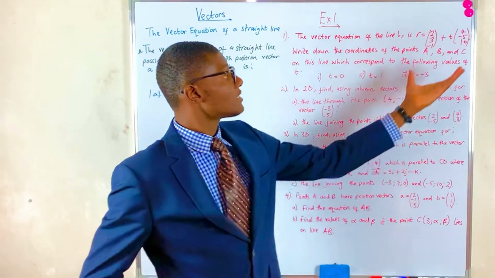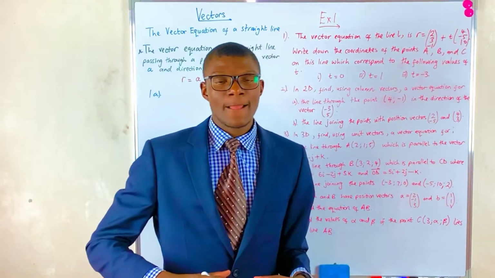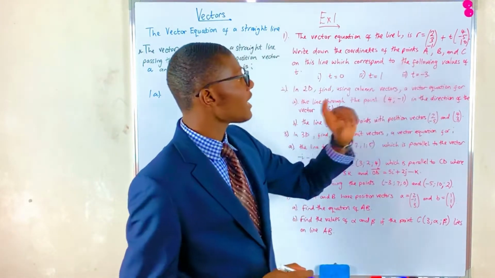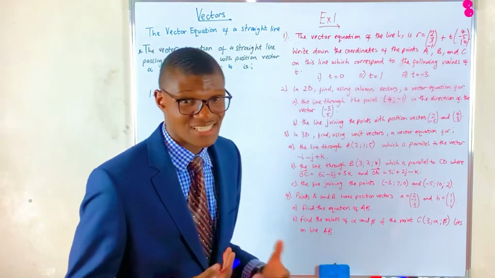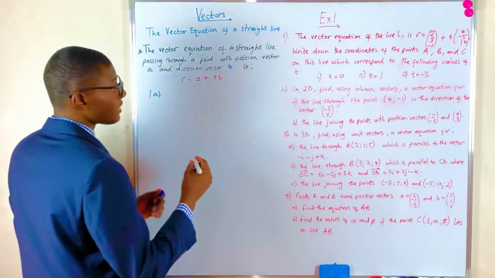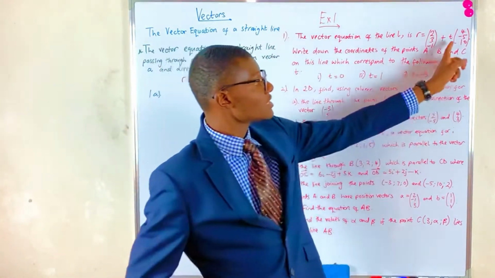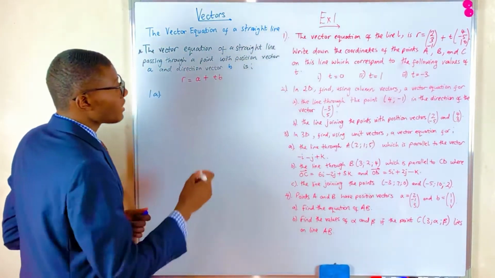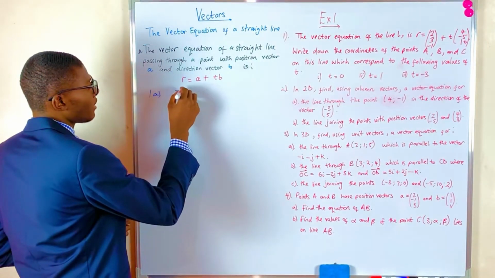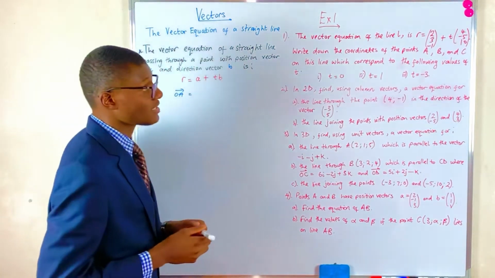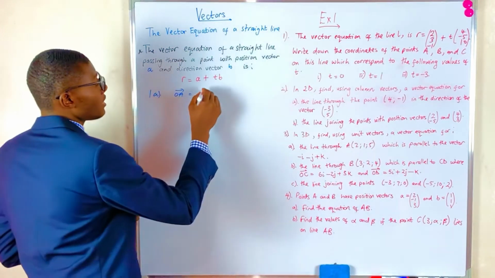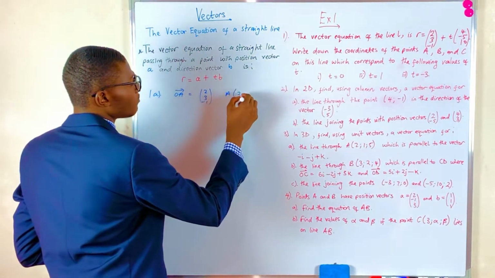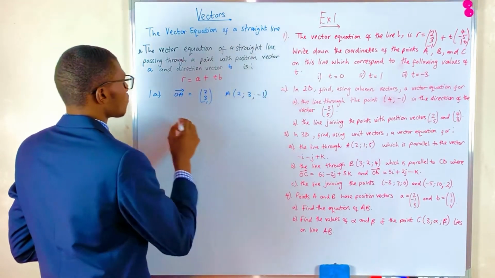We say this vector equation is giving us the position vector of any point. So for point A first, we substitute t = 0, and any number multiplied by 0 gives us 0. So we know that vector OA, which is the position vector of A, is (2, 3, -1), which implies that point A will be (2, 3, -1).